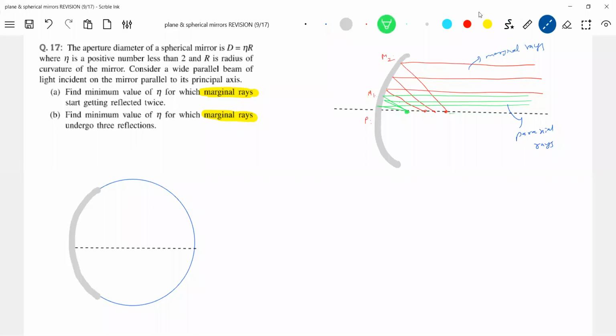This diameter, the green colored line, P1 P2, you call it. The P1 P2 is the aperture diameter. That is D. What is R? R is the radius. R will be the radius. How will it look? It will be like a bowl, no? If you take it practically, it will appear like a bowl.